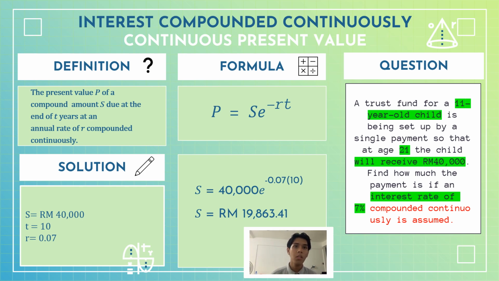For the solution, the compounded amount is RM 40,000 and T is 10 years because it takes 10 years from 11 years old to 21 years old, and the rate is 0.07. If we insert all of this information into the formula, we get the answer RM 19,893.41.